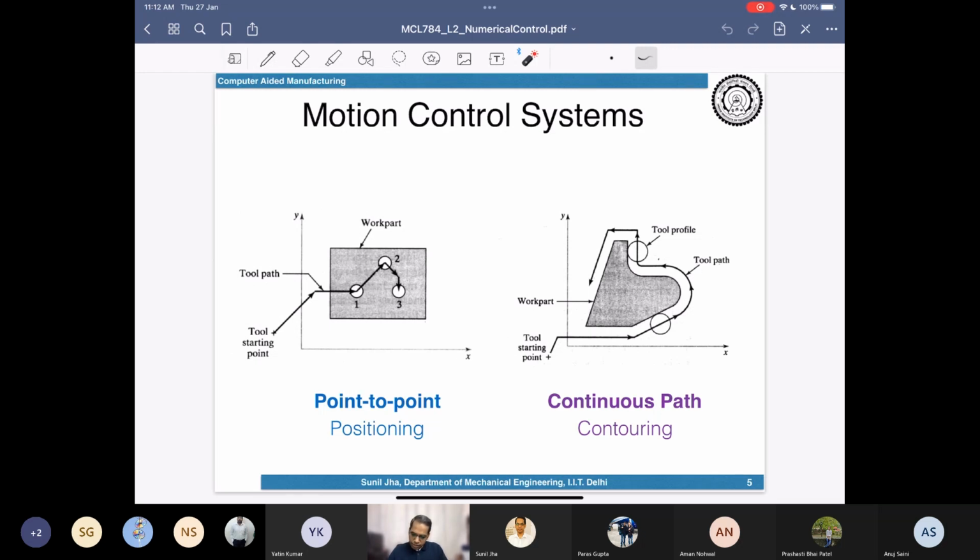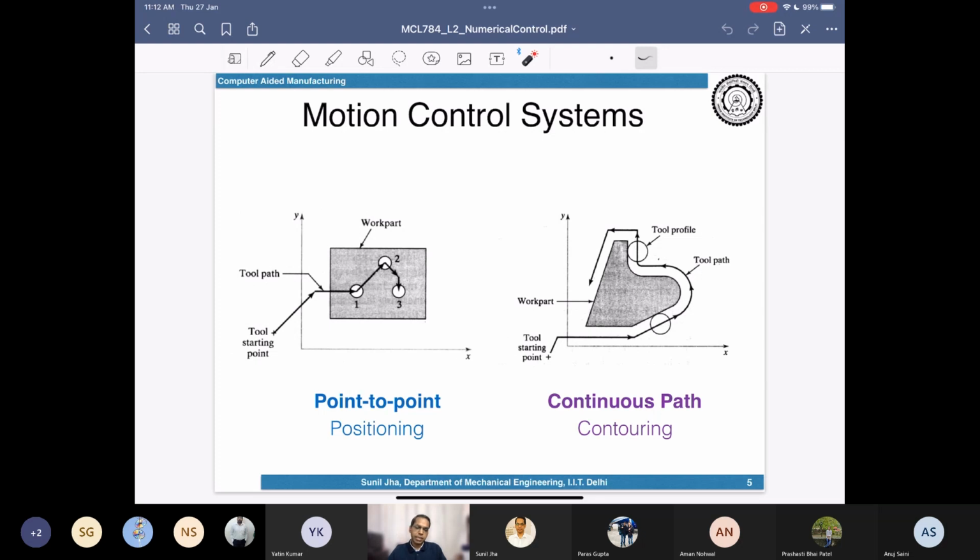So in this case, the most important part is that the controller which will be performing these operations is different, and of a different order of complexity. Right? We'll discuss those aspects also, because point to point is a much simpler operation to implement, and the hardware that is being employed for implementing point to point and continuous path will be different.